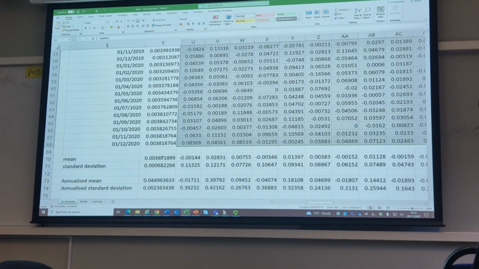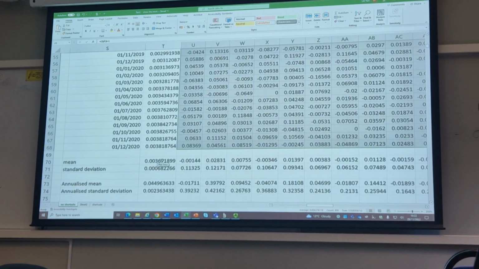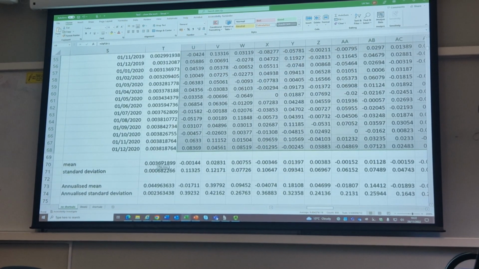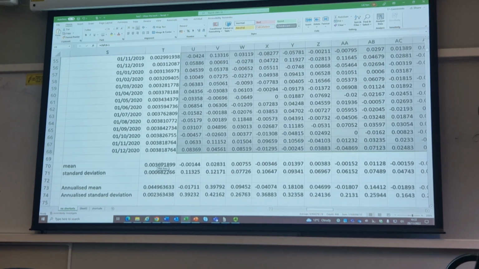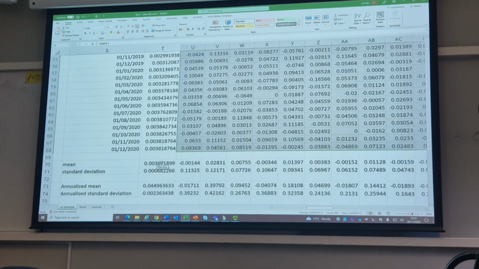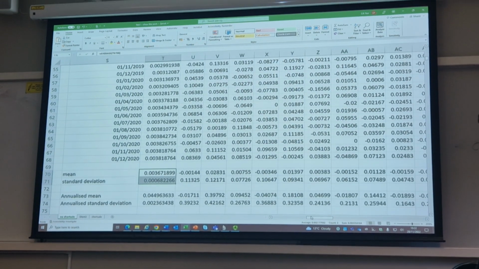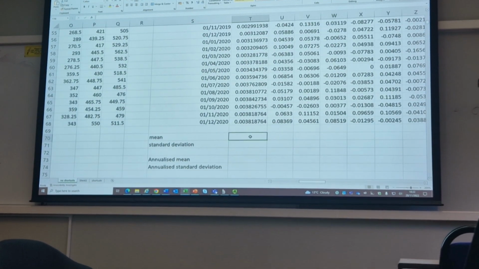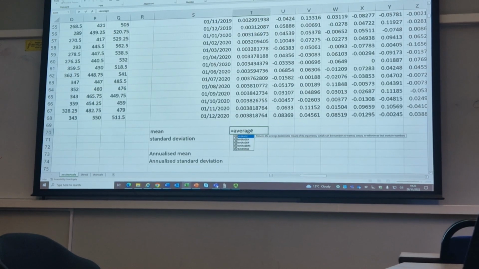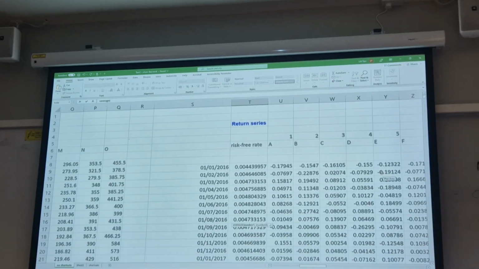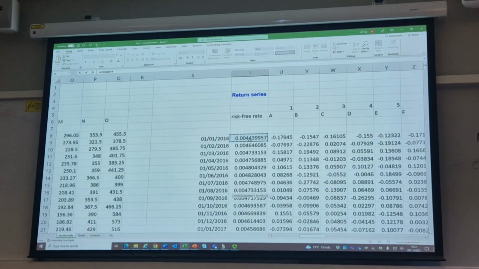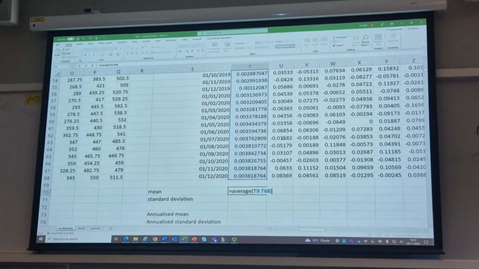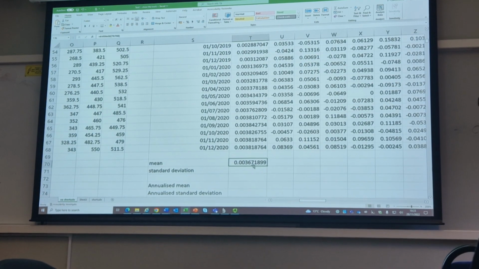Okay, then we calculate the mean return and standard deviation. Would you like me to show you how to calculate that? Yes. So for mean return, we use the AVERAGE function, right? Just highlight the whole data, and then enter.